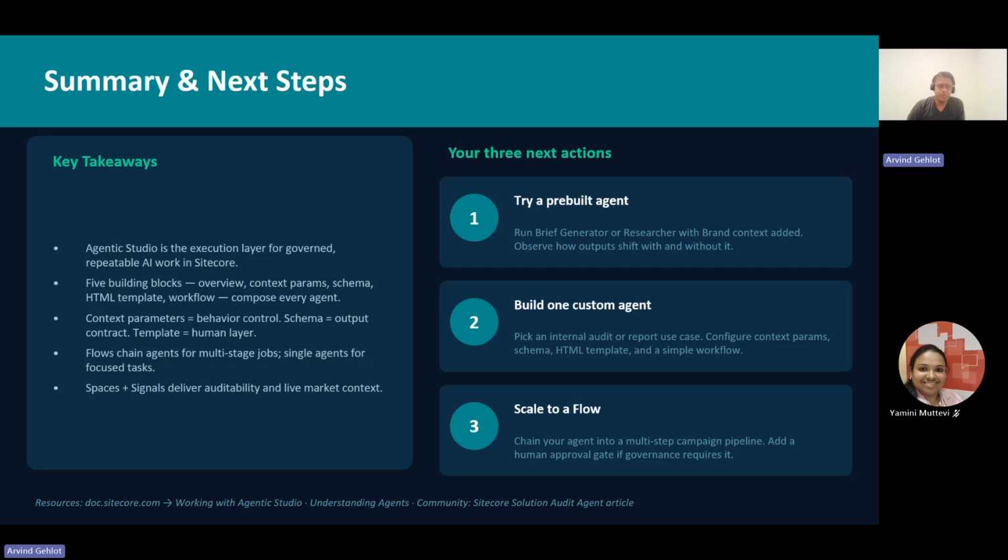Try a few existing agents, try to modify them, try to configure different context parameters, make a modification to the schema, make a modification to the HTML template, and then finally compare your final result. Those are really important sections. We should always make use of them.